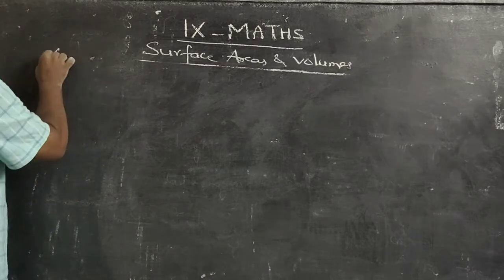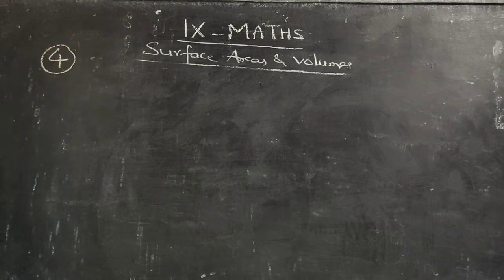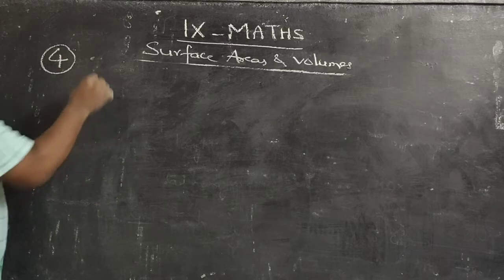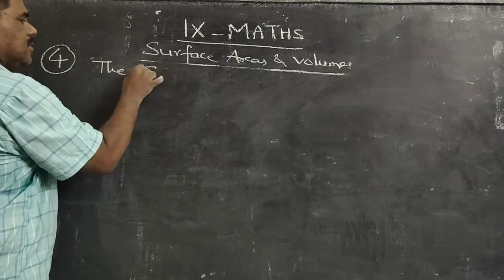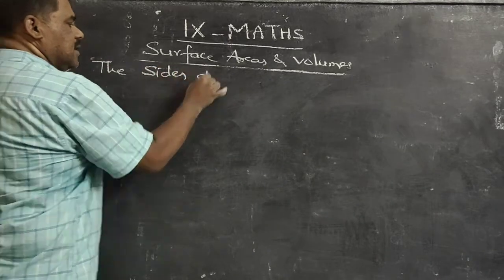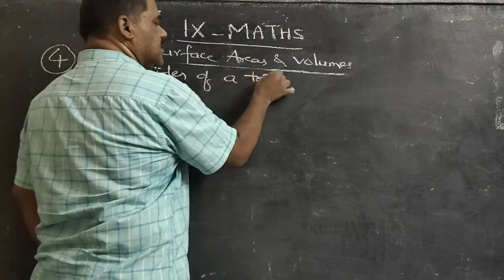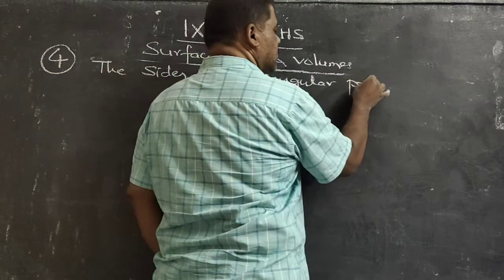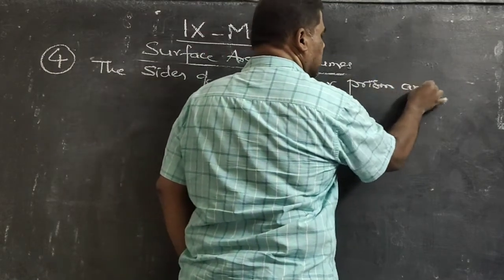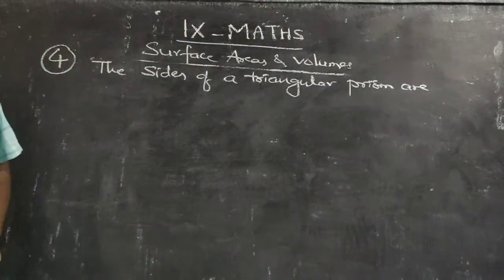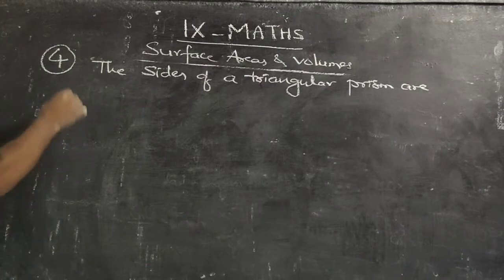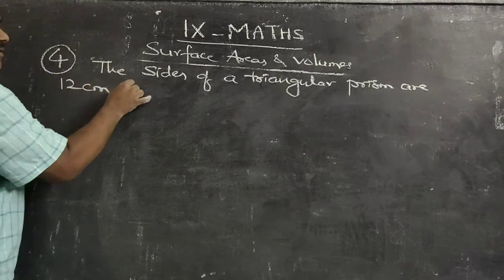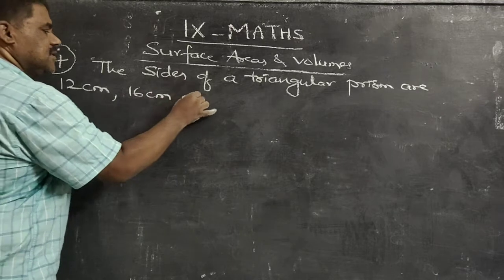Right, next question. The sides of a triangular prism are 12 centimeters, 16 centimeters and 20 centimeters.